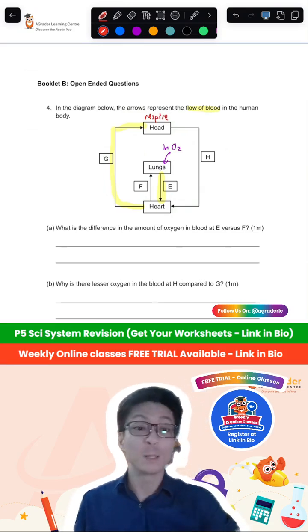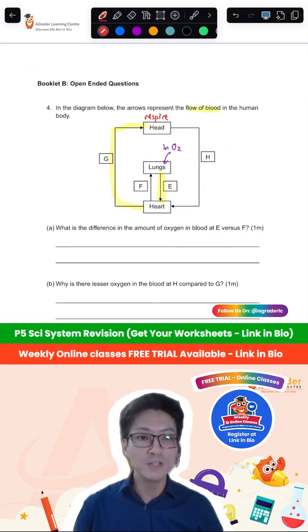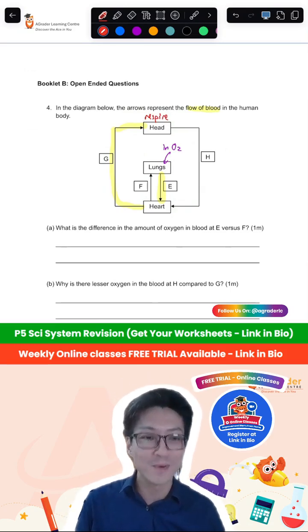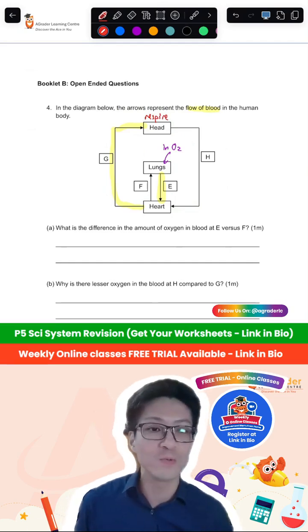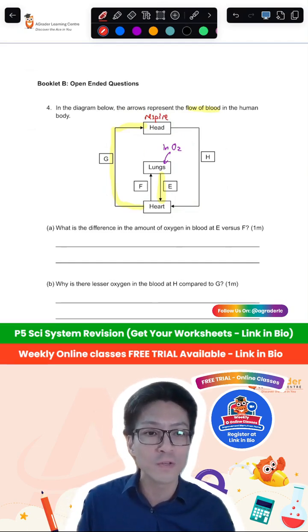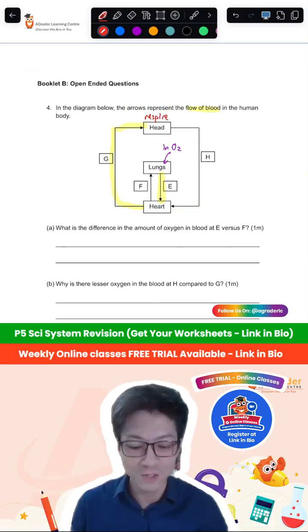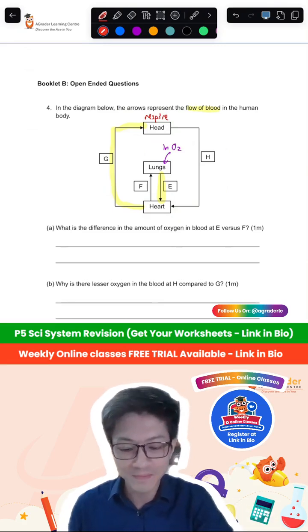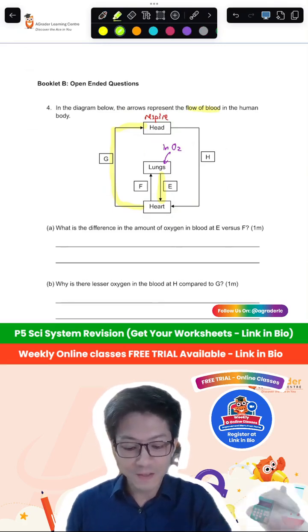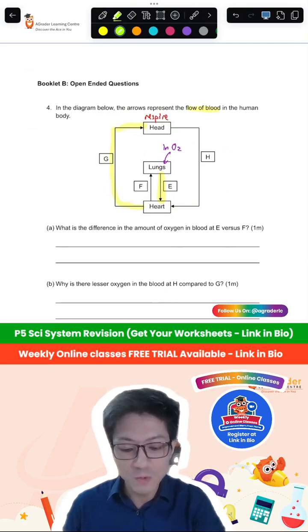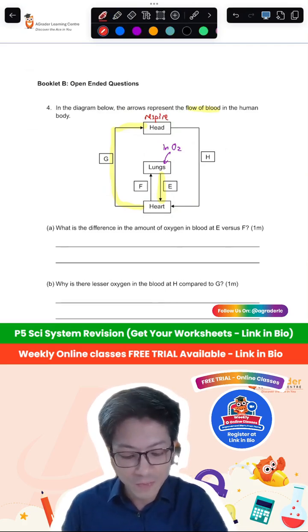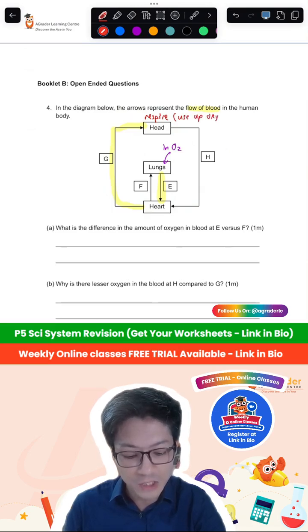Yes, Octopus, I think everybody knows that the blood in E has more oxygen than F, but I'm just going to do a recap in case Won Yang doesn't know. We have to consider those that don't know what's happening. Then respiration will use up oxygen. Let me put a bracket: use up the oxygen.